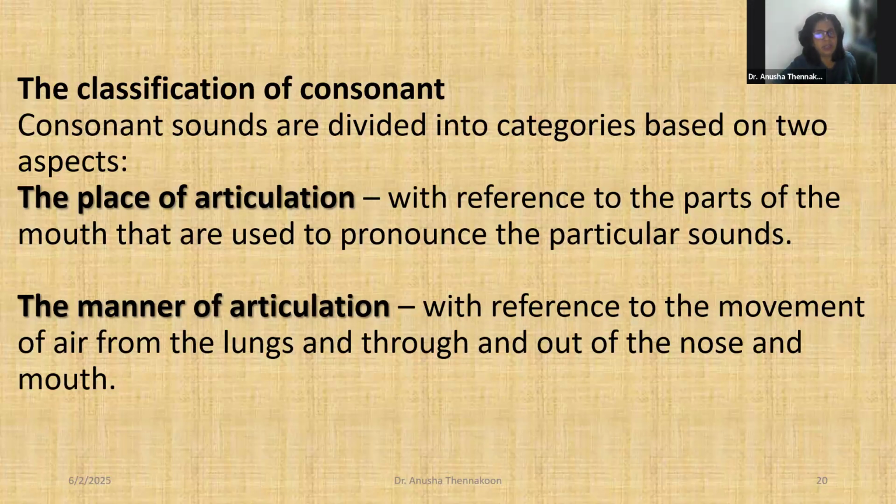Consonant sounds are divided into two categories based on place of articulation. Articulation means production. And the manner of articulation. We'll see the place of articulation, that is with reference to the parts of the mouth that are used to pronounce the particular sound. The manner of articulation is about the movement of air from the lungs and out through the nose and mouth.